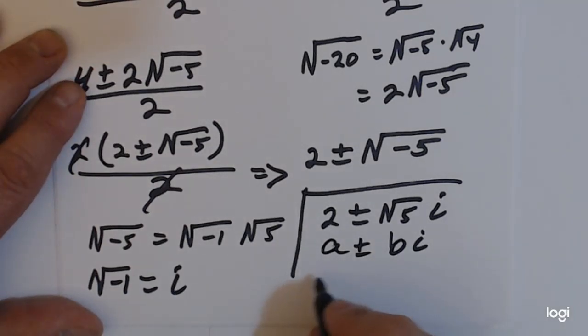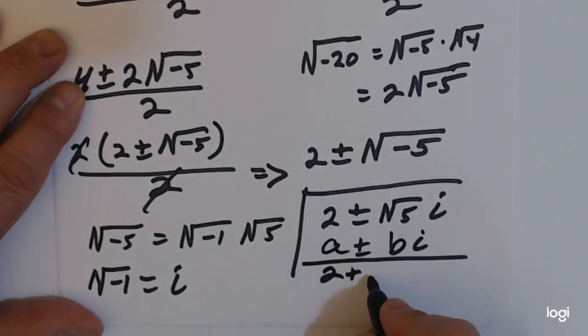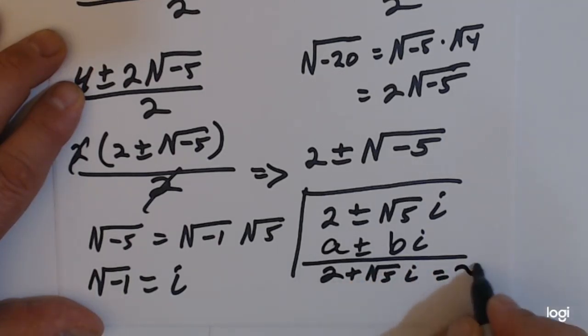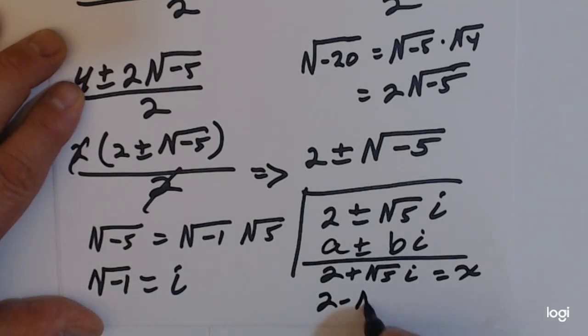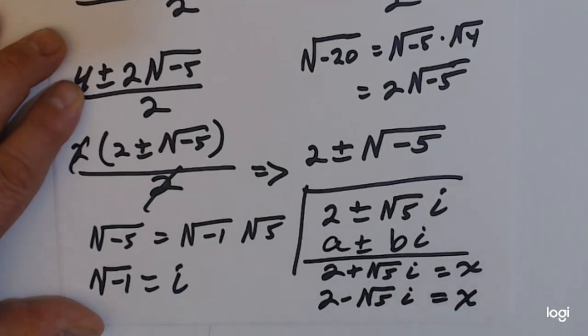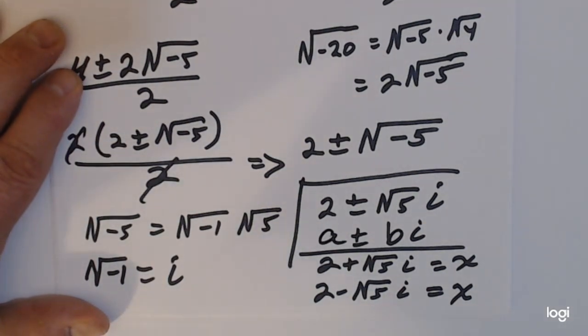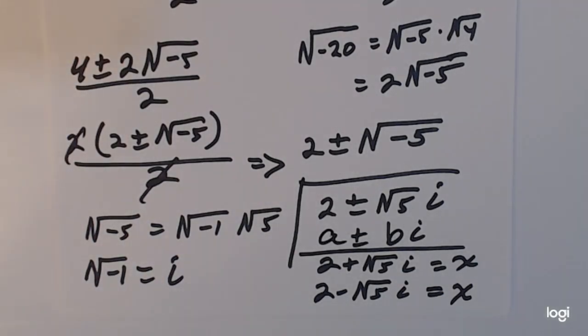So this is 2 plus the square root of 5 i equal x, and 2 minus the square root of 5 i equal to x. Those are your two x values, okay? And I'm going to leave this problem right there.